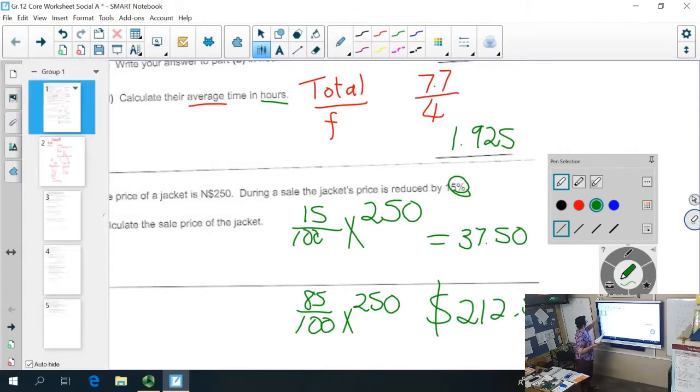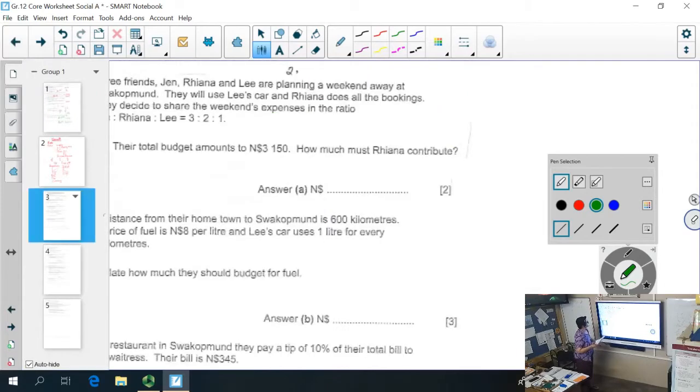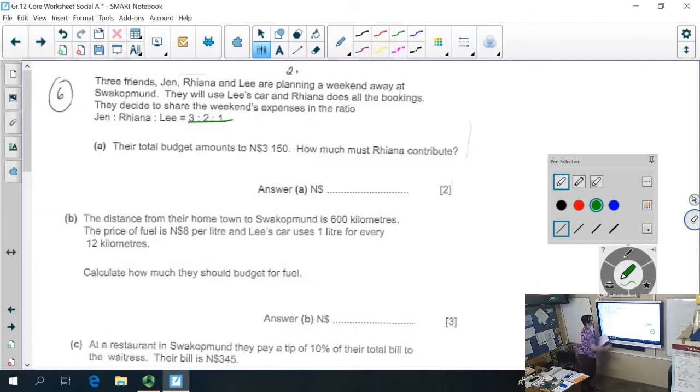The next one. 3 friends, Jen, Rihanna, and Lee, are planning a weekend away at Swakopmund. They will use Lee's car, and Rihanna does all the bookings. They decide to share the weekend's expenses in the ratio 3 to 2 to 1. So there's the ratio there. Their total budget is $3,150.